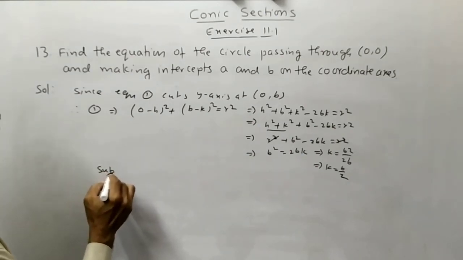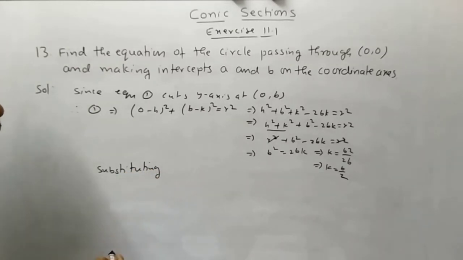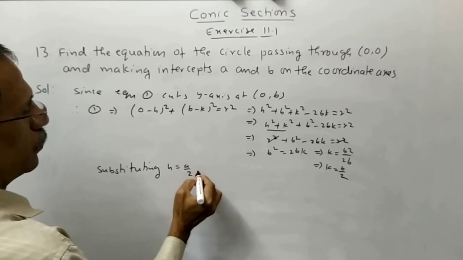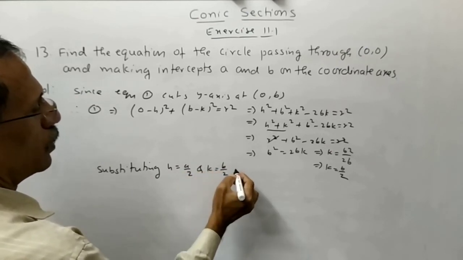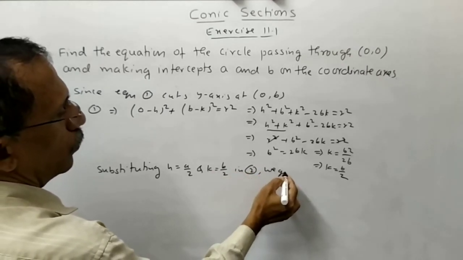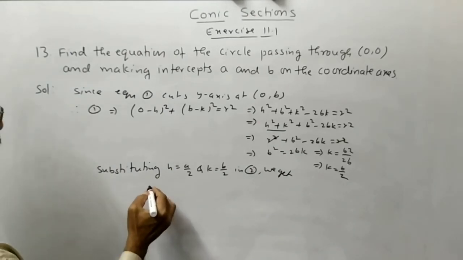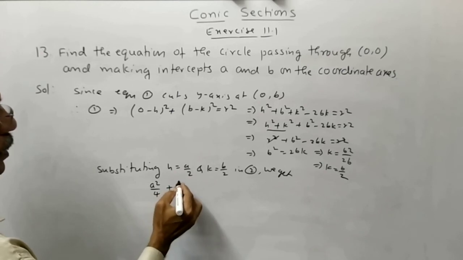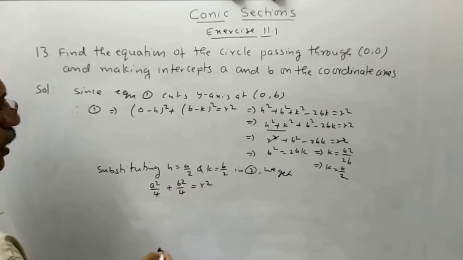Substituting h is equal to a by 2 and k is equal to b by 2 in 2, we get a square divided by 4 plus b square divided by 4 is equal to r square.